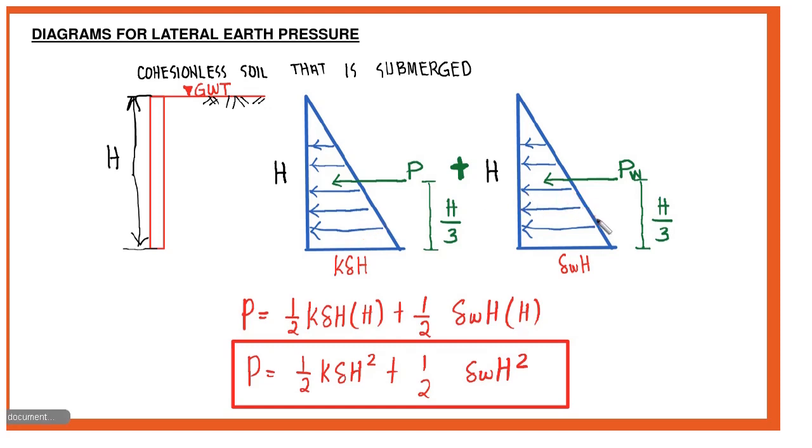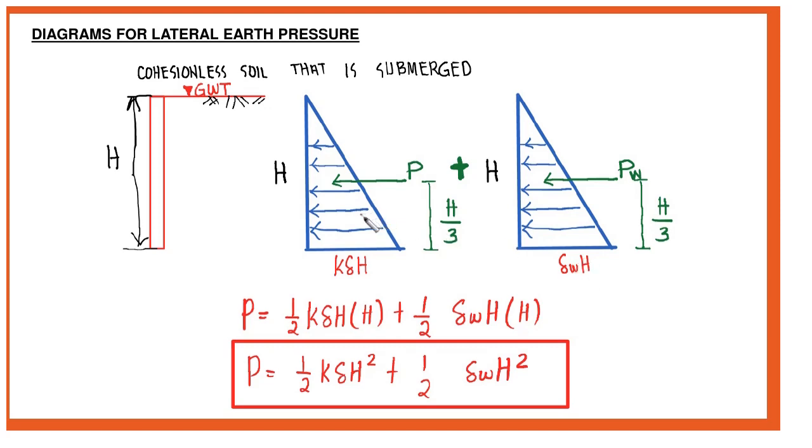So, we have here the pressure diagram of water. Meron tayong unit weight of water times H. Wala tayong coefficients since this is not a soil. Hindi soil ito. Okay? Hindi siya earth pressure. So, we just need to multiply unit weight times height. That is our pressure caused by the water.